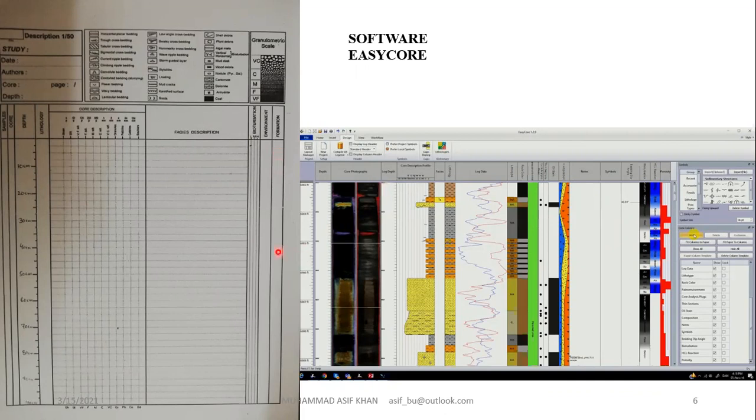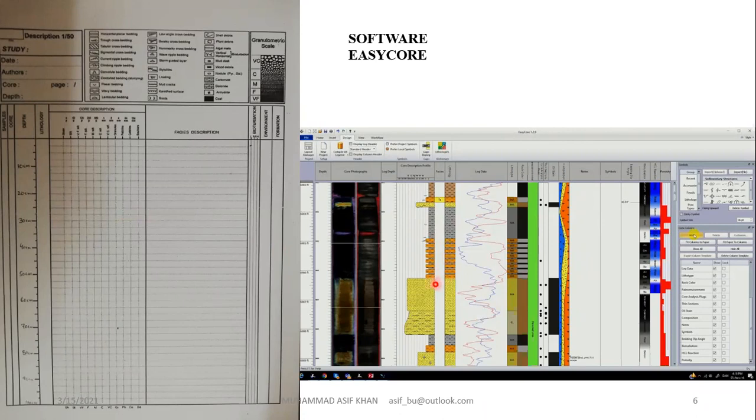On the right hand side, we have one software that you can work with as well. The name of this software is EasyCore. It provides a description similar to this proforma.